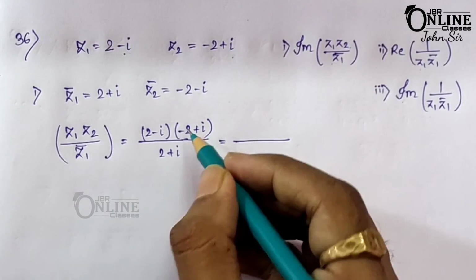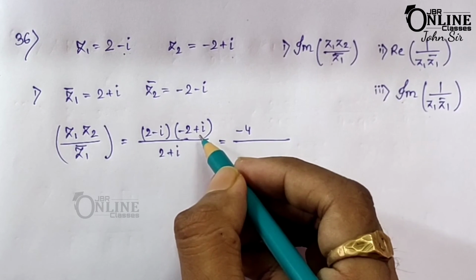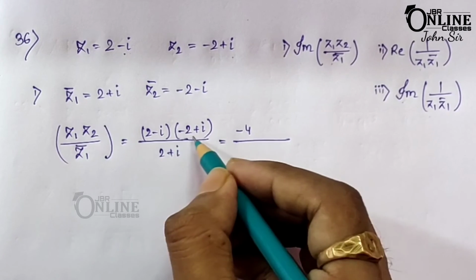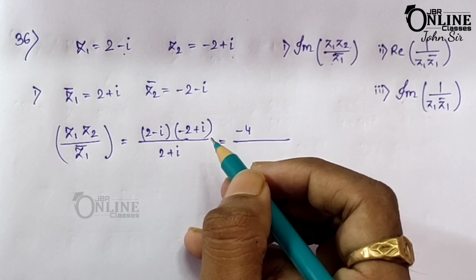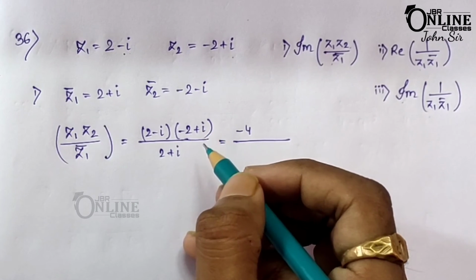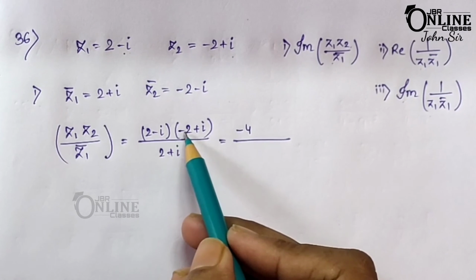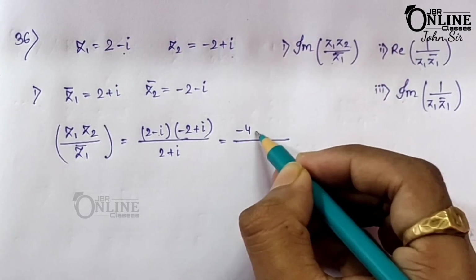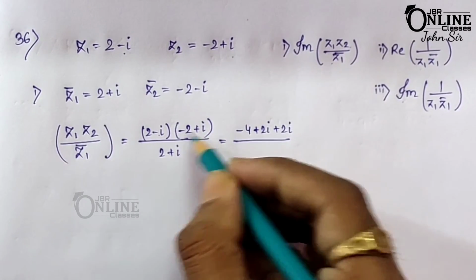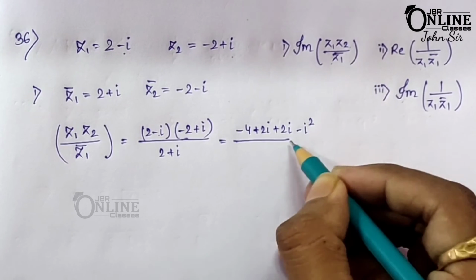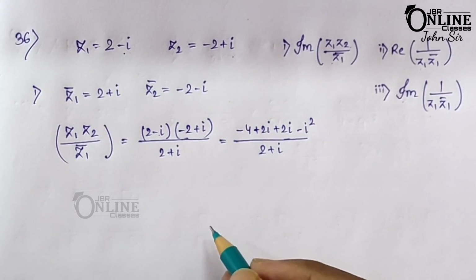Okay, so now if you multiply, it will be minus 4, here minus 2i, and that will be plus 2i. Okay, minus 2i and plus 2i. So here minus 2, minus into minus, so it will be plus 2i, then again plus 2i, and the last one will be minus i square, and the lower one will be 2 plus i.